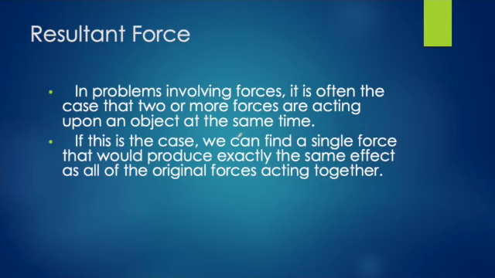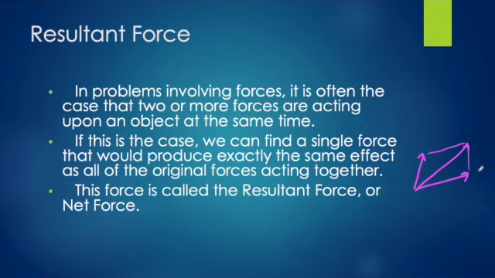If this is the case, we can find a single force that would produce exactly the same effect as all of the original forces acting together, okay? So again, remember when we had a force going this way and a force going this way? Well, we can find that resultant force going this way. Okay, so you just have to keep in mind then we used our parallelogram method. Okay, so that is what this is talking about with our resultant force.